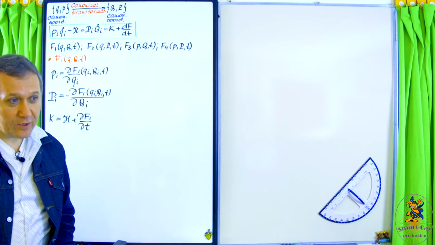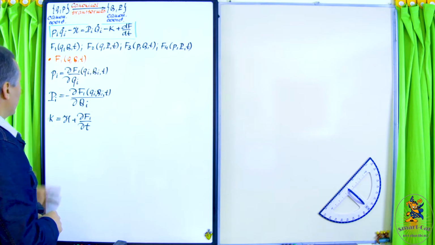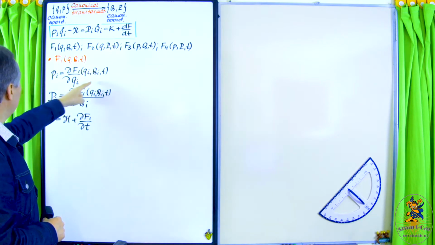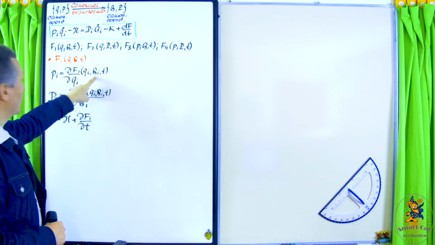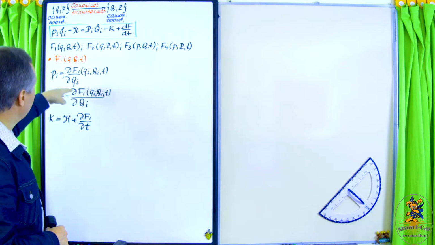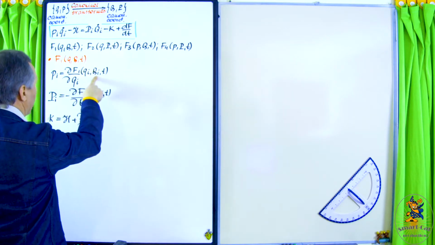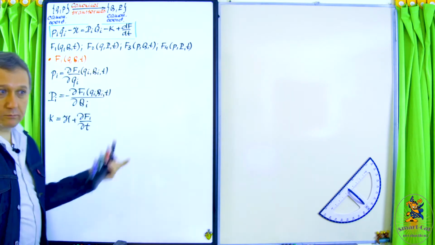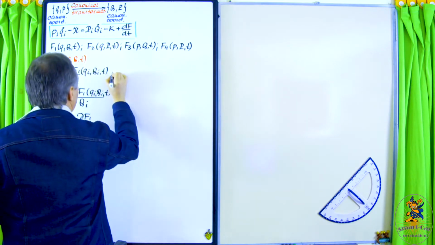So let's just show how we can get transformation equations from here. Look, the first equation, we have here p small, here we have q small and q capital. So after differentiating, we can invert this equation and write down q capital in terms of q small, p small. Immediately we can get the transformation equation.